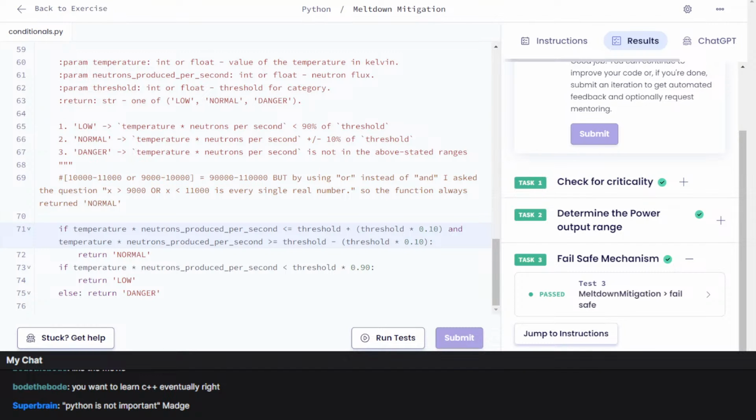For game development. Superbrain says Python is not important. Python is not important. You gotta finish my sentence. You can't just cut it off. You can't cut the phrase off. Python is not that important for game development, like shipping out games, I mean game engines and stuff.